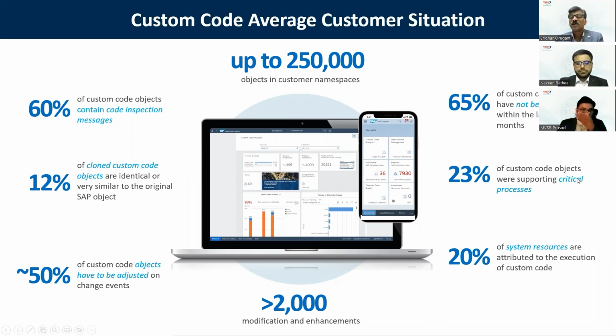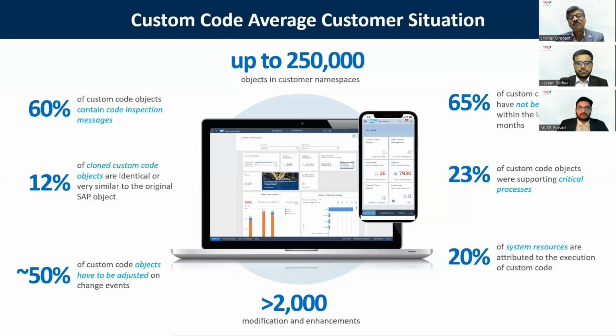And then, 23% of the custom code objects were supporting critical processes. So that means these are important, but despite being very important, 65% of those are not really being used. If you take these two numbers in tandem, there is something wrong. All in all, the messaging that we are trying to convey here is that there is probably a better way of utilizing the SAP system.